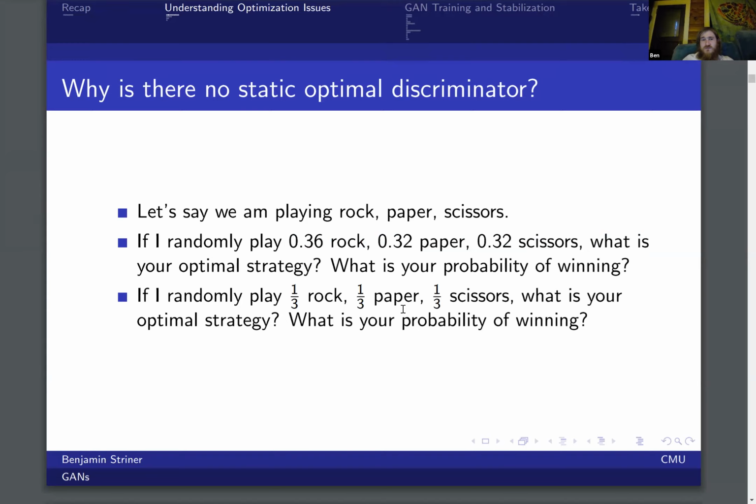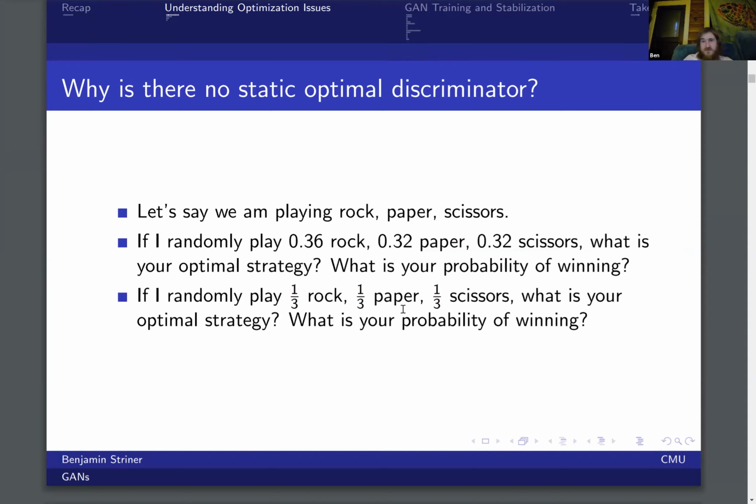winning. So in this situation, what you need to understand is that if someone is slightly more likely to do whatever thing, your best option is to argmax whatever it is that they're weakest against.